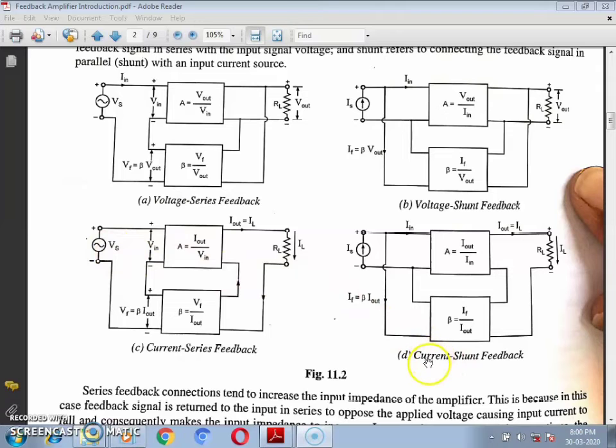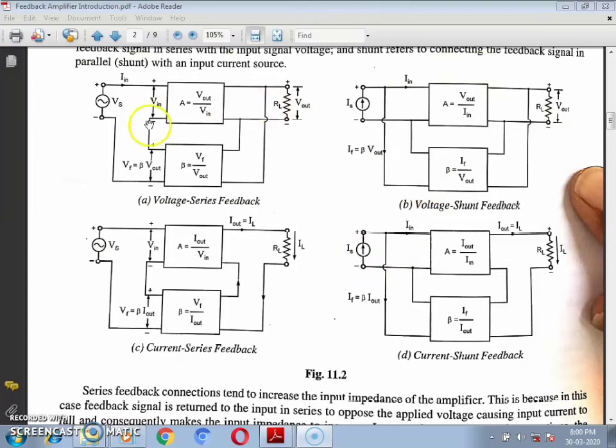Whereas for the last configuration, the current shunt feedback network, we want again the current from the output, we will tap it, and that is connected parallel to the input. And for this case, the input to the basic amplifier is a current source.